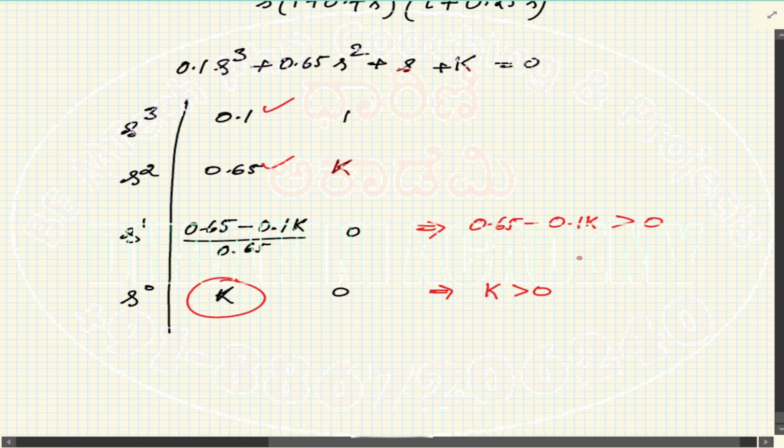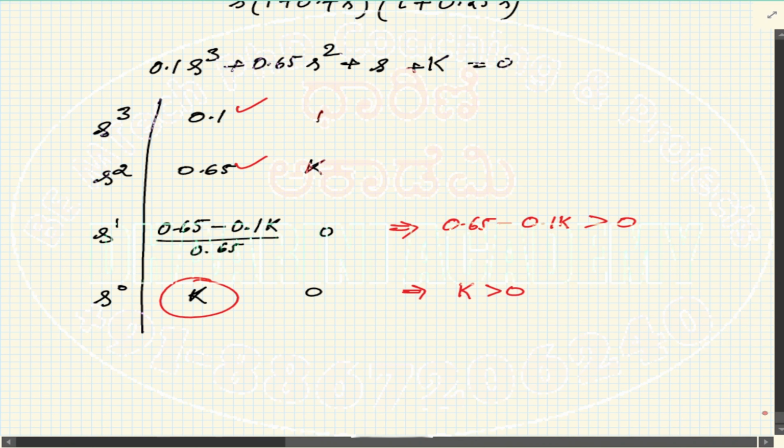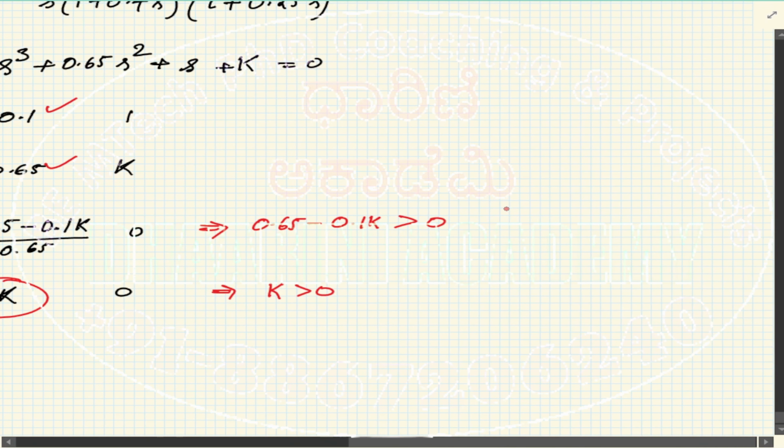Now take the 0.1K to the other side, so 0.65 must be greater than 0.1K.